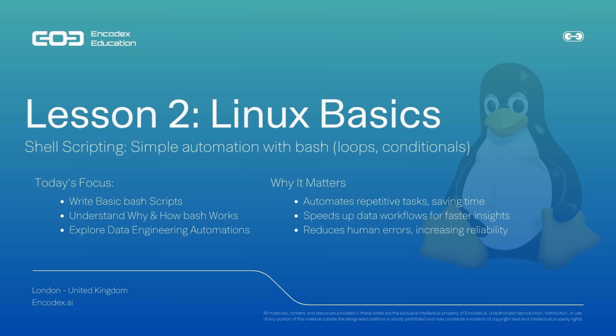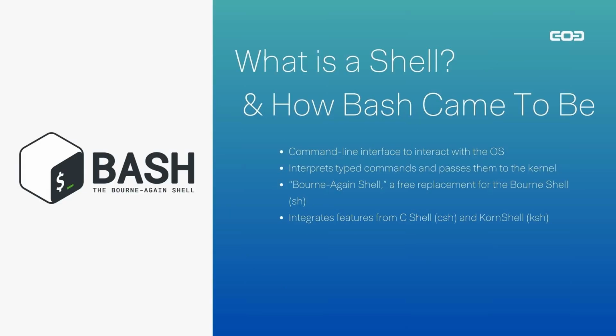Let's get started. Before we jump into writing scripts, I want to explain what a shell is and how Bash came to be. A shell is essentially a command line interface that interprets the commands you type into your terminal and interacts with the underlying operating system. Bash stands for Born Again Shell, originally developed as a free software replacement for the Bourne Shell (SH), which was one of the earliest Unix shells.